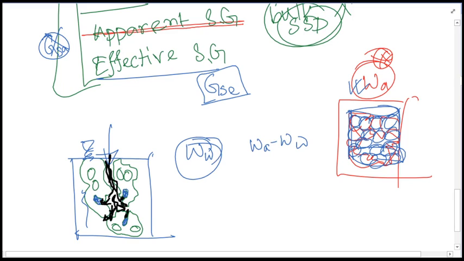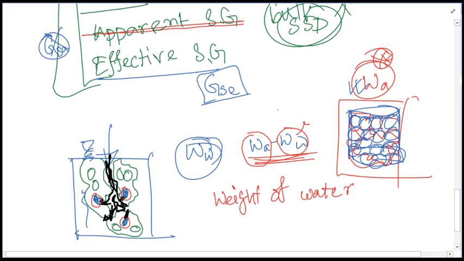If there were no water penetrating through these portions, say for example there were no permeable pores and these pores were not filled up by water, then only the remaining portion's weight in water might have been this one, WA, weight in water, subtracting the water weight WW. This would give you the actual weight of water.